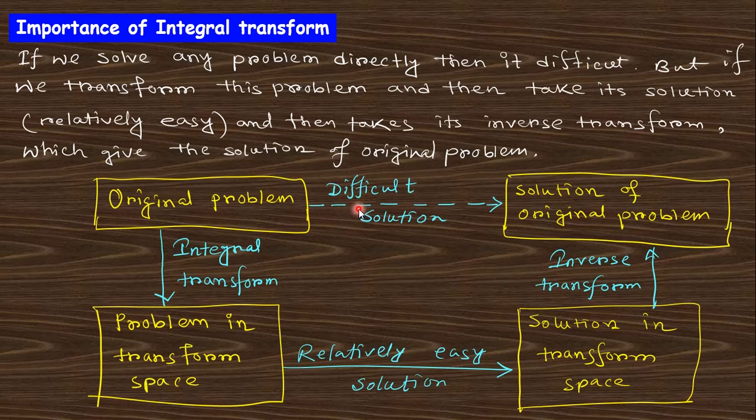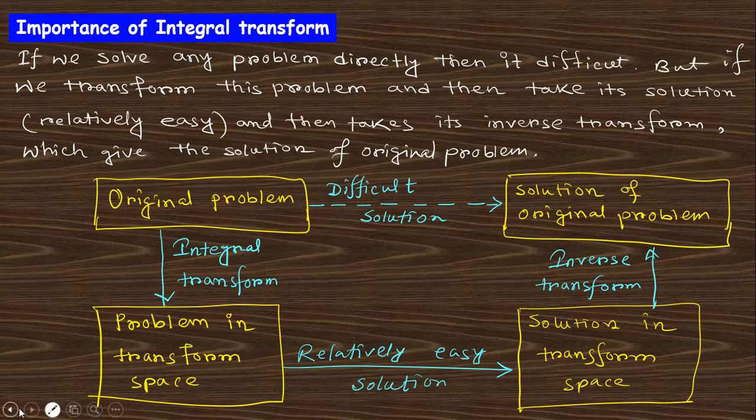Then you can transform this problem by a different transformation, solve the transformed form, and again inverse transform, and you get the same result. So here there are 3 steps, but these steps are easy compared to the direct one. The direct way is a one step process, but a difficult one, whereas you can follow these 3 steps with an easy process. This is our benefit. That's why we need integral transforms for physics related problems.